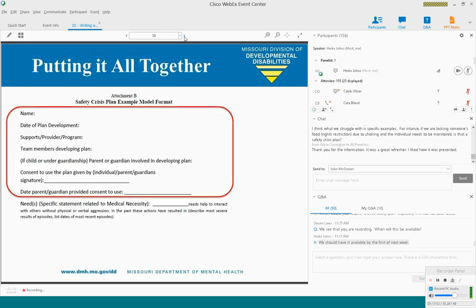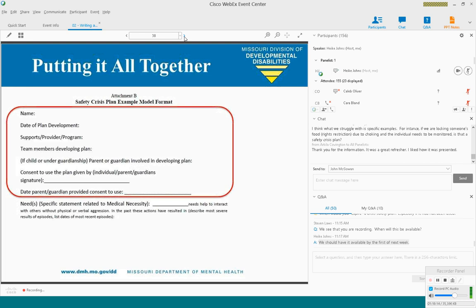One, it's their plan. They have valuable input on what they want to happen and what they don't want to happen in a crisis situation. It would be very good of us to listen to that. It also gives them ownership of the plan. They helped create it. It's their plan. It's not something that staff are doing to them. It's something staff are doing with them.